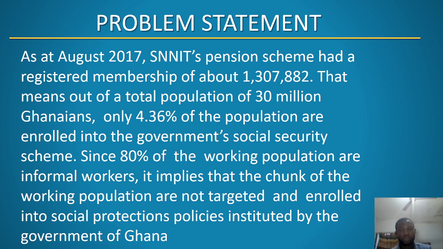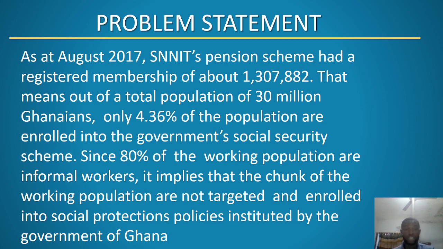Since 80% of the working population are informal workers, it implies that the chunk of the working population are not targeted and enrolled into social protection policies instituted by the government of Ghana. So we realize that a lot of people are not enrolled, especially those in the informal sector.